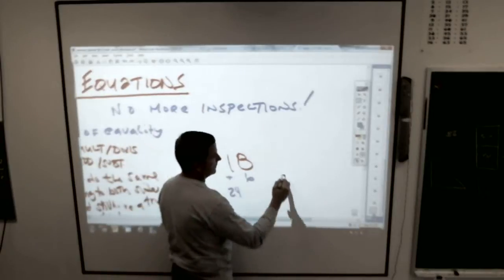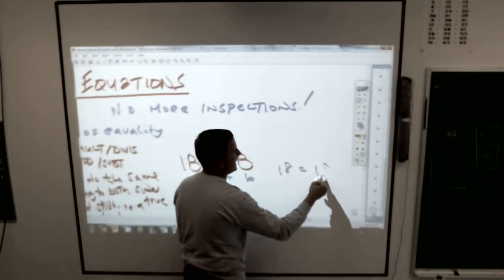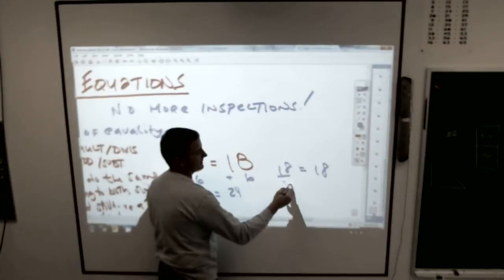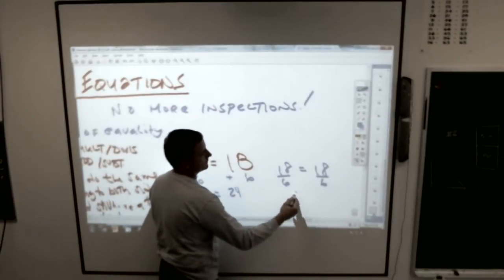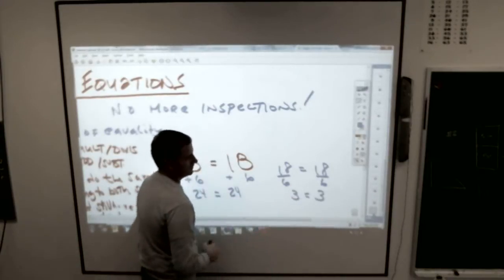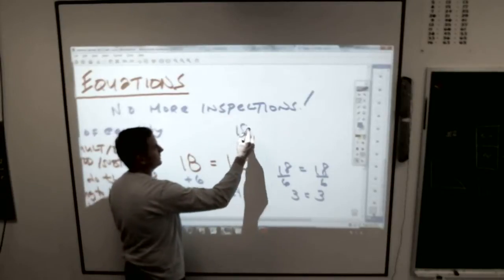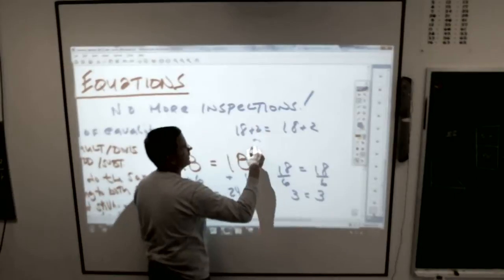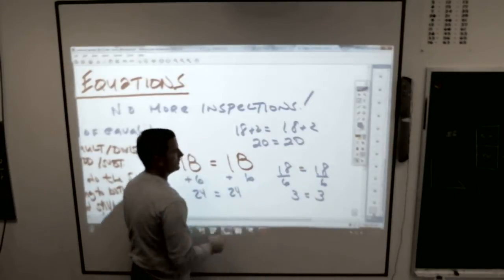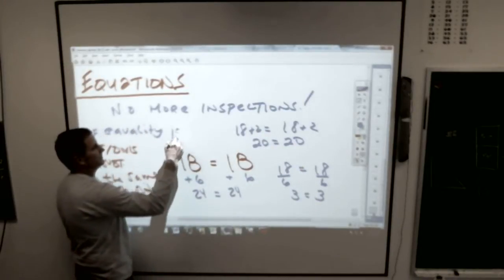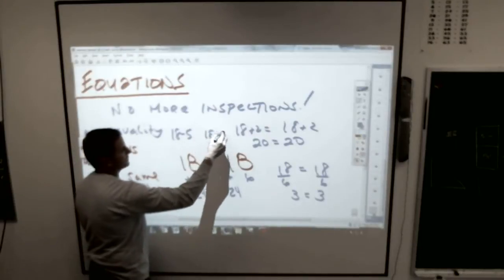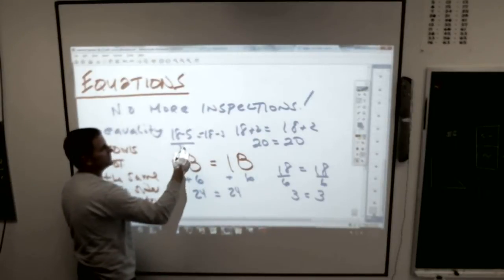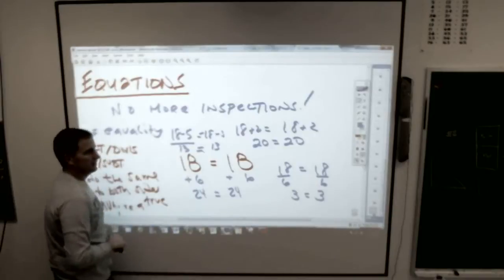I can, with 18 equals 18, divide both sides by 6 and still have a true equation. 3 equals 3. I can add 2 to both sides and still have a true equation, 20 equals 20. I can subtract 5 from both sides and still have a true equation, 13 equals 13.